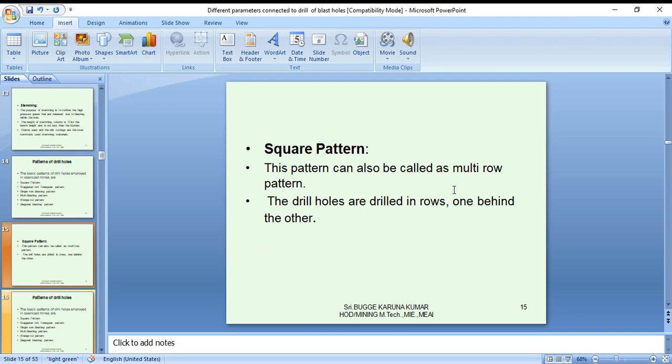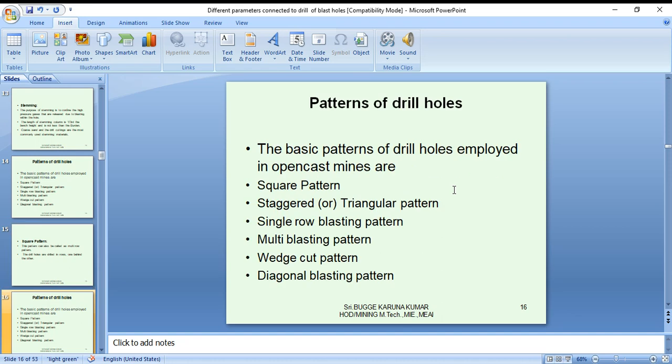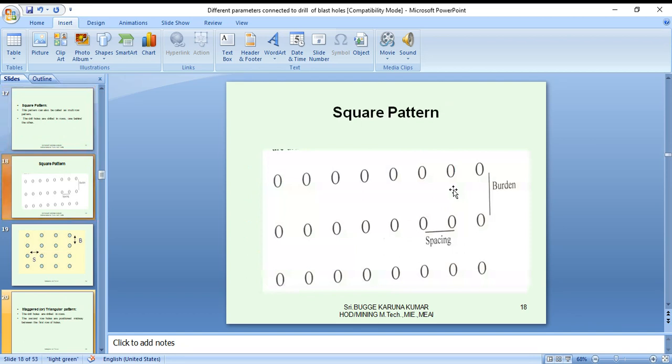Square pattern. This pattern can also be called a multi-row pattern. The drill holes are drilled in rows, one behind the other. This is the square pattern. You can observe an equal number of holes inside.